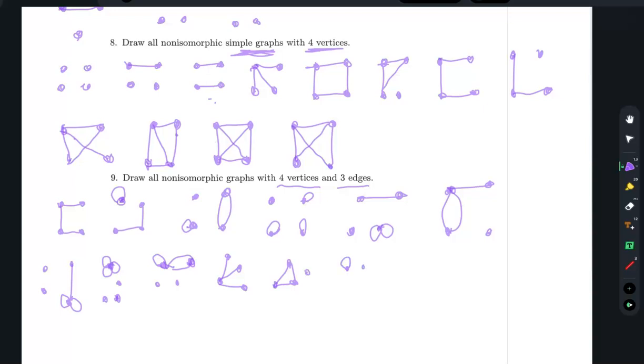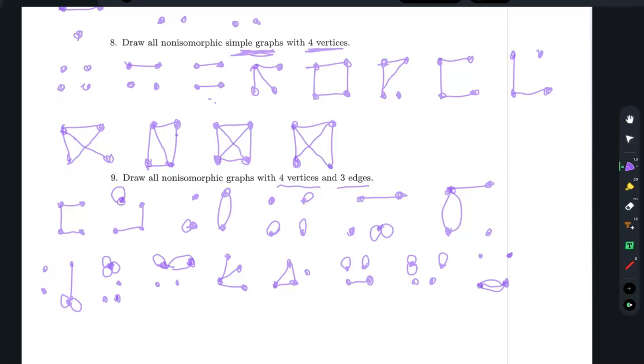Or I could do a loop and a line between, or an edge between 2 vertices. Let's see, I could do a double loop and a single loop and 2 isolated vertices. Oh, here we go. We can make a little happy face. So we could have 3 parallel edges.